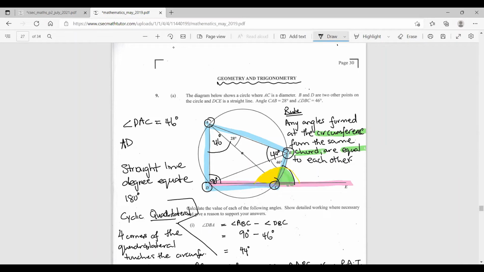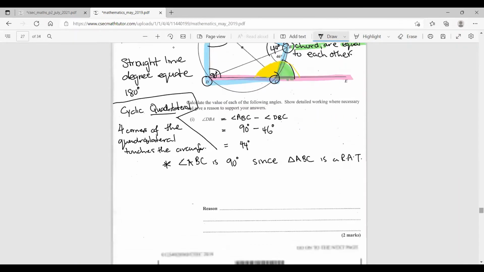That makes it a cyclic quadrilateral. And the rule for a cyclic quadrilateral is that opposite angles sum to 180 degrees.